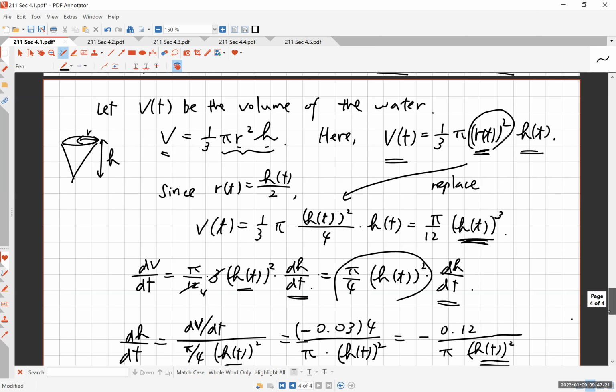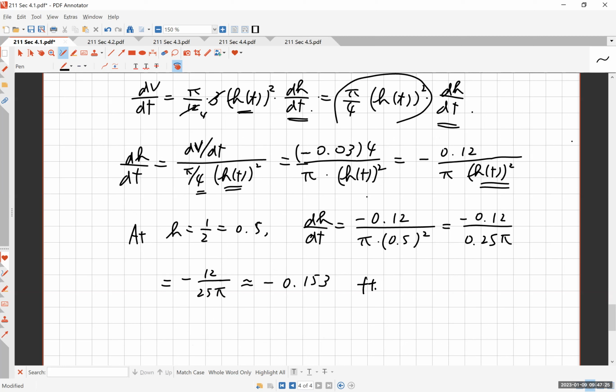And of course, with respect to time, which is second. So this is feet. Remember, h is a one-dimensional thing. It's length. So it's feet per second. So it is decreasing at 0.153 feet per second. If you multiply this by 12, you can get this in inches per second. And so that will give you the answer.